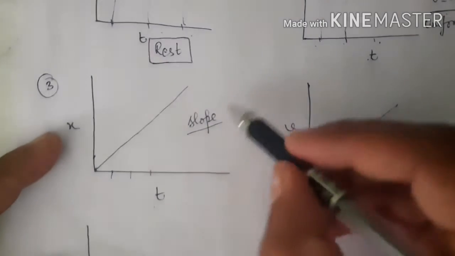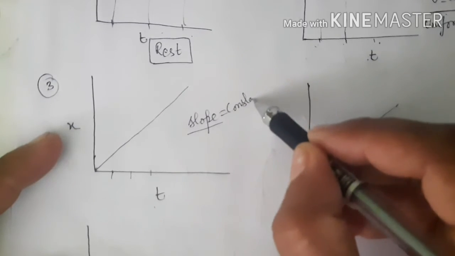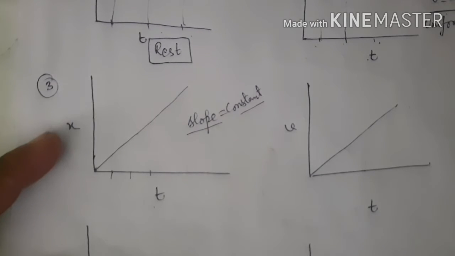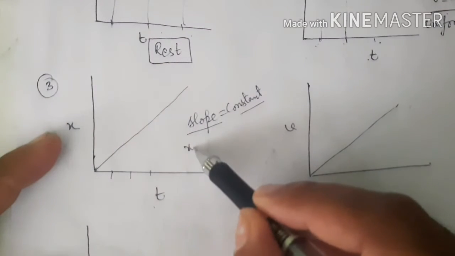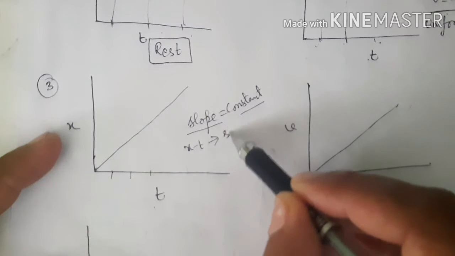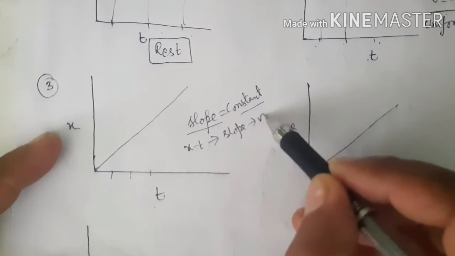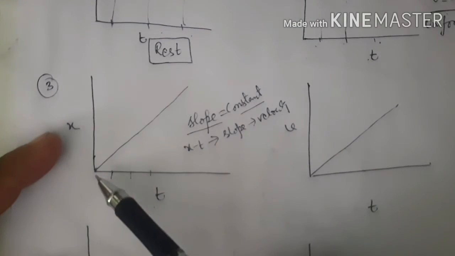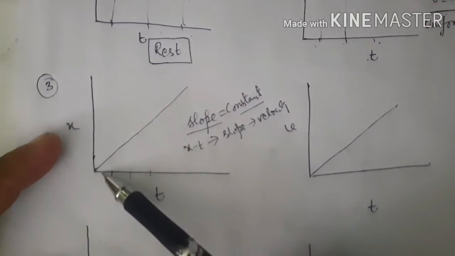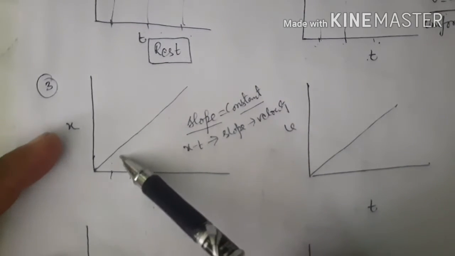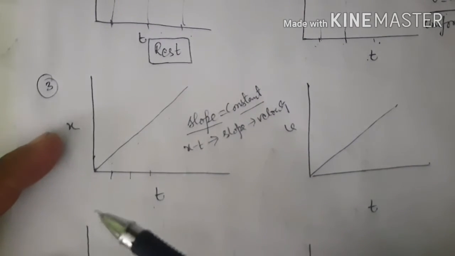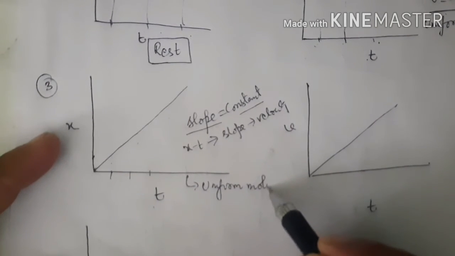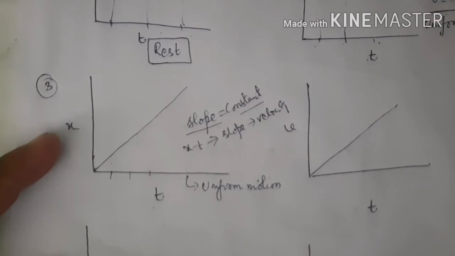So the slope is constant; it has only a single slope. And we know that in the position-time graph, the xt graph, the slope represents velocity. So a single slope means a single velocity, meaning velocity is constant during the motion. It is uniform motion.